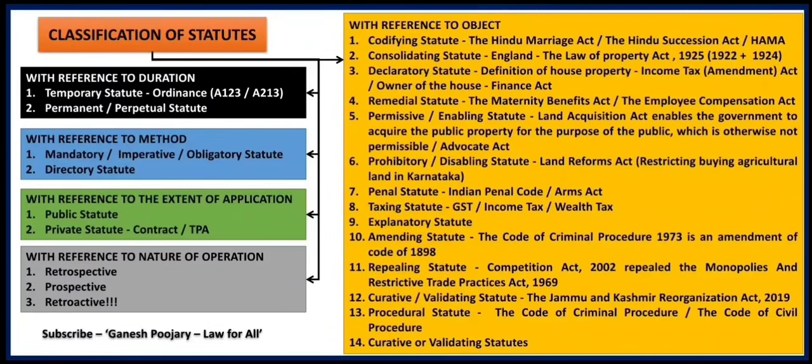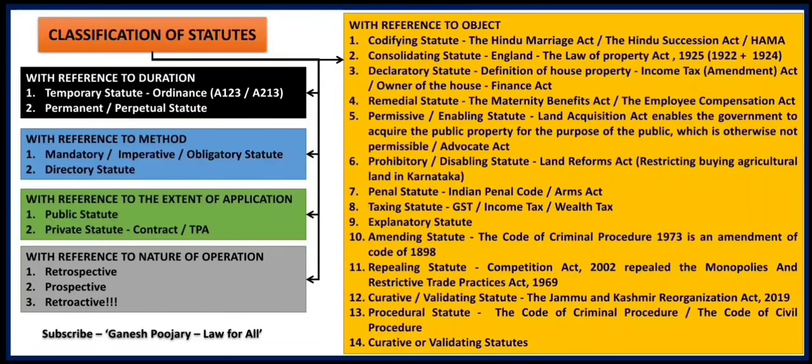One beautiful example for that is the Jammu and Kashmir Reorganisation Act 2019, which cured Article 370 as well as 35A. Cure means it removed Article 370 and 35A, and then the Jammu and Kashmir reorganisation was done. This is an example for curative or validating statutes.